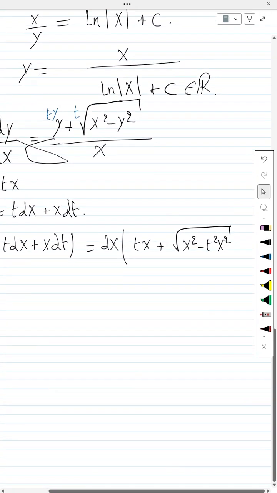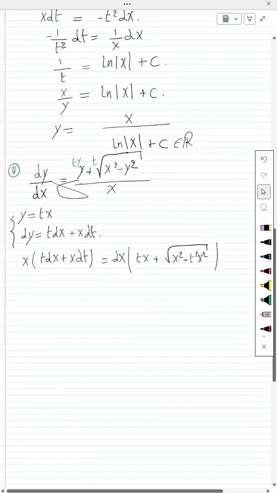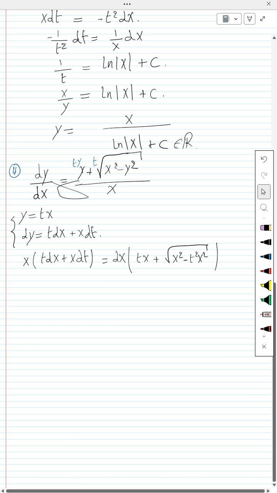And now we will simplify things. We have tx dx cancelling with this tx dx, and here we have x squared dt equal to x squared times the square root of 1 minus t squared dx.